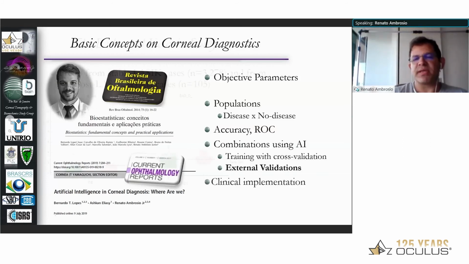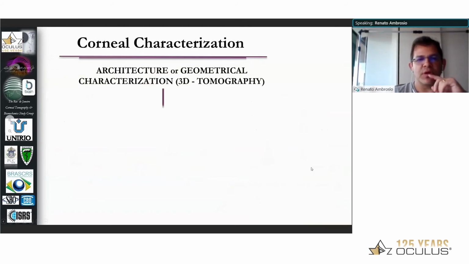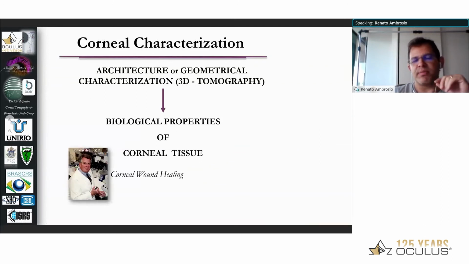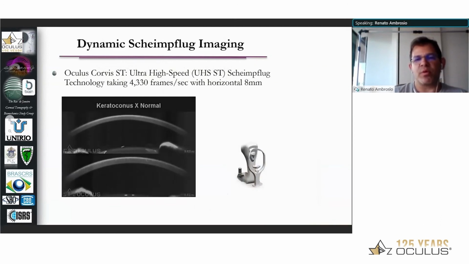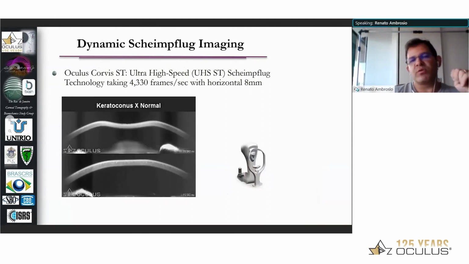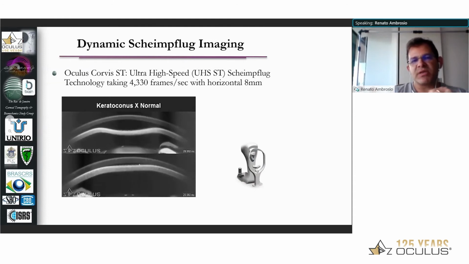We used artificial intelligence, and then we had the Pentacam random forest index, which would detect 74.3%, but you still have cases here. So it's going beyond, but not over into the biological properties, and corneal biomechanics is now available with the Corvis. The Corvis is an ultra-high-speed Scheimpflug camera, which takes 140 frames in 31 milliseconds.